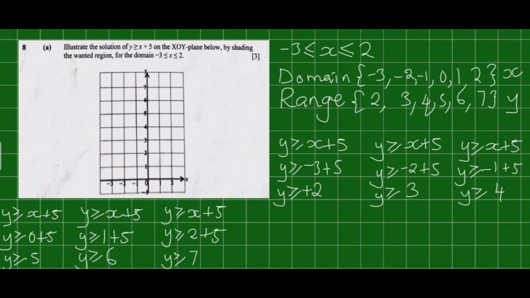Remember, when you're writing coordinates, the reading on the x-axis is the first one you write, then the reading on the y-axis is the second. So the first coordinate we have is -3, 2. I'll put these in brackets.